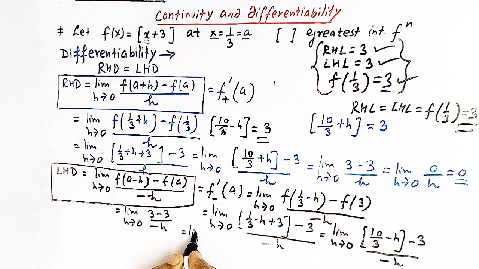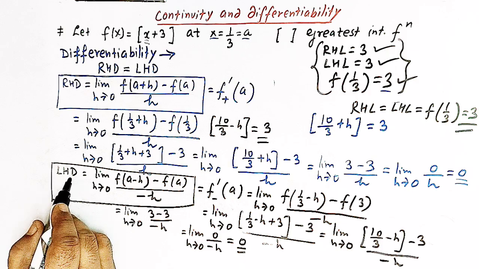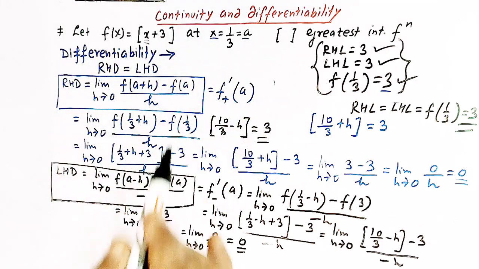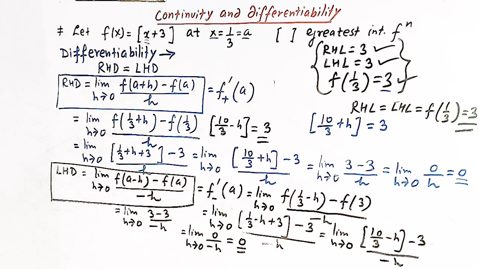This is the limit of 0 over minus h, which is equal to 0. So the left hand derivative of this function at x is equal to 1 over 3 is equal to 0.